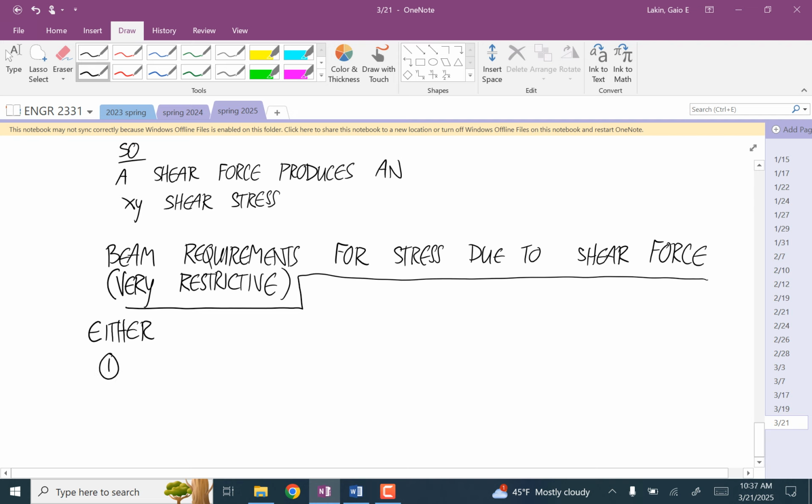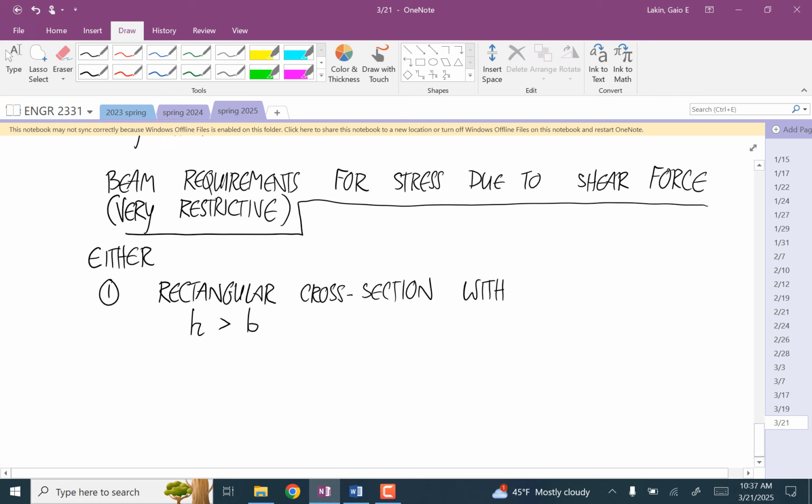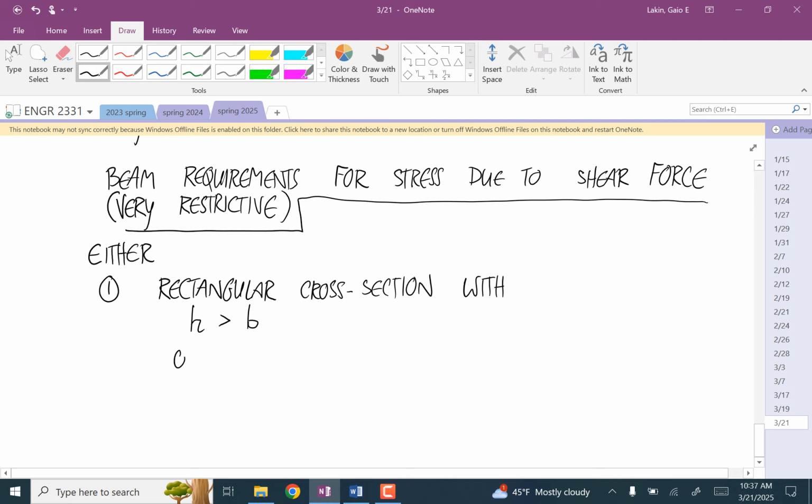Either it's a rectangular cross section with the height bigger than the base, or it's a circular cross section.